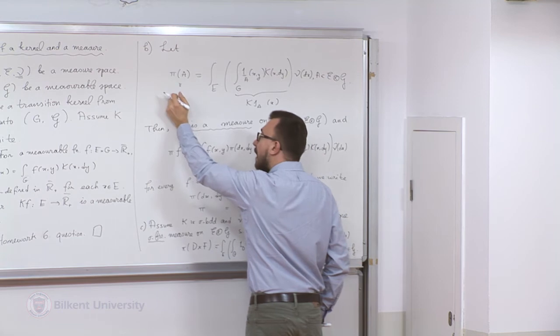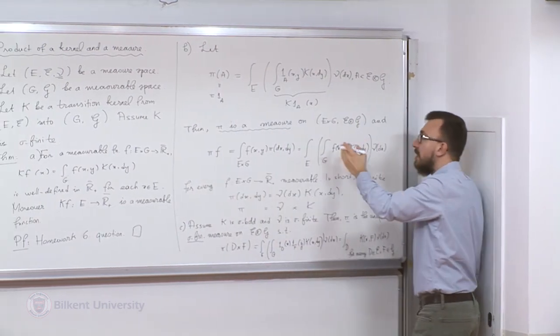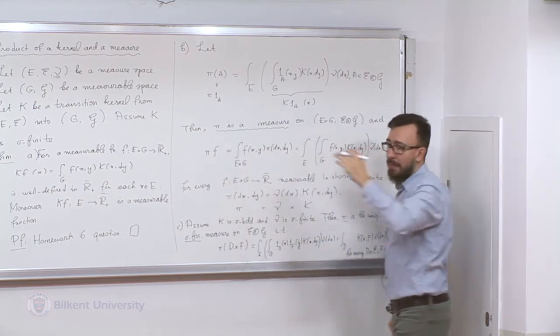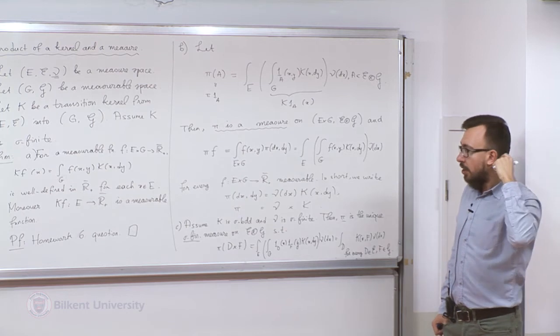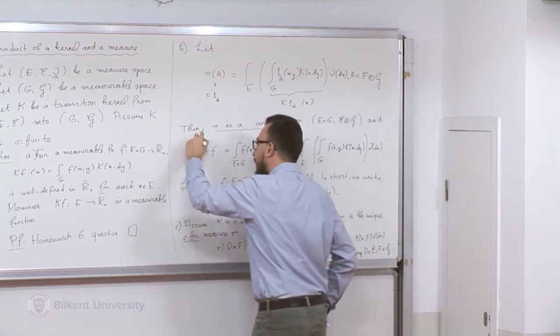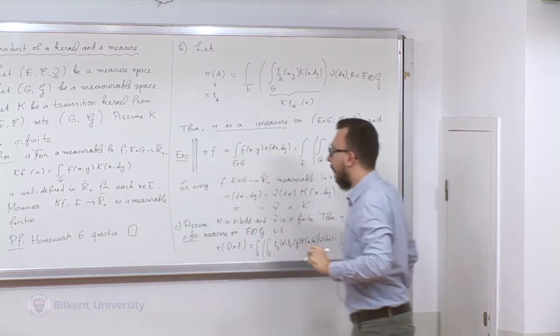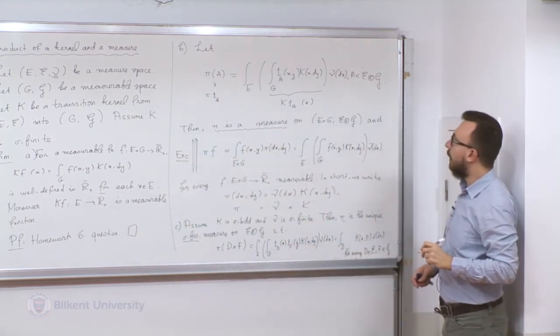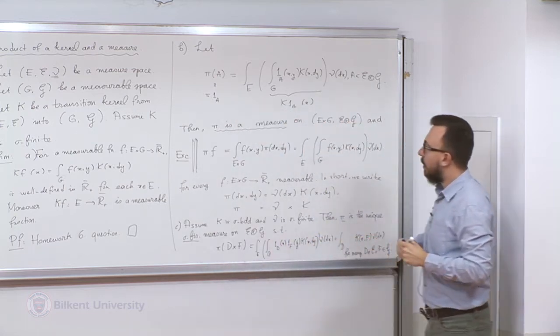And if you have simple positive functions and you want to pass to general positive measurable functions, you can use the monotone convergence theorem by taking an increasing sequence of simple positive functions. So I leave this part as an exercise. But the hard part was to show that pi is a measure. Okay?